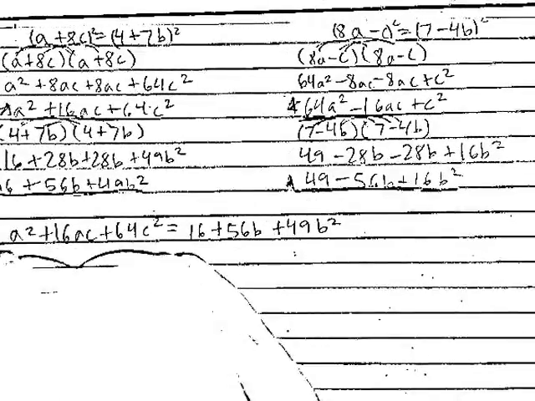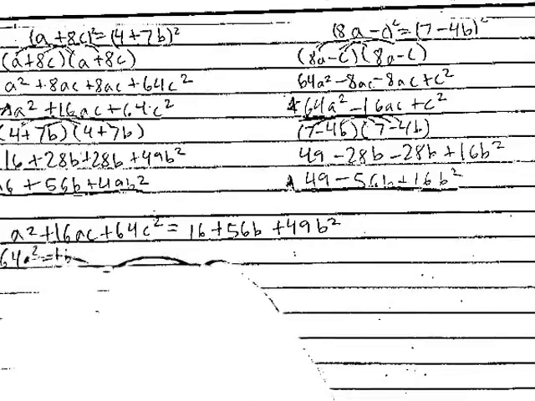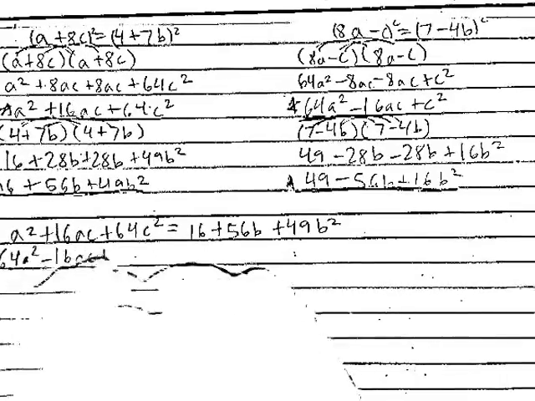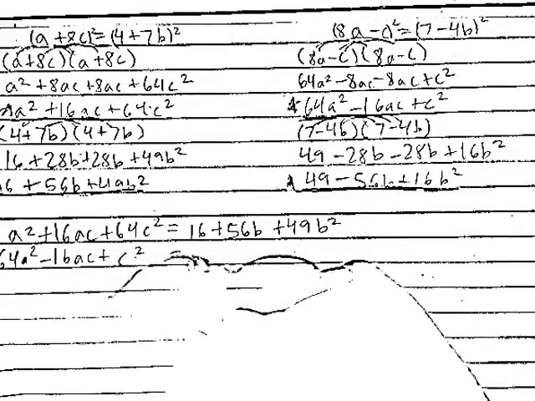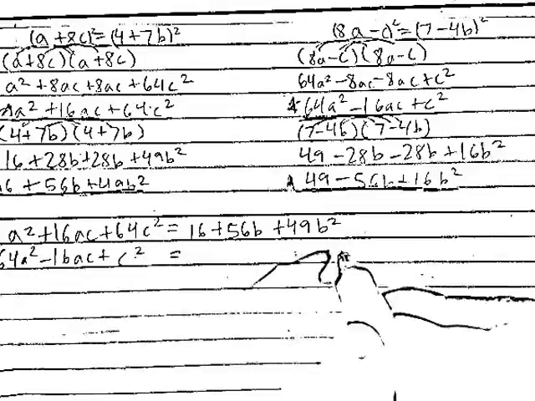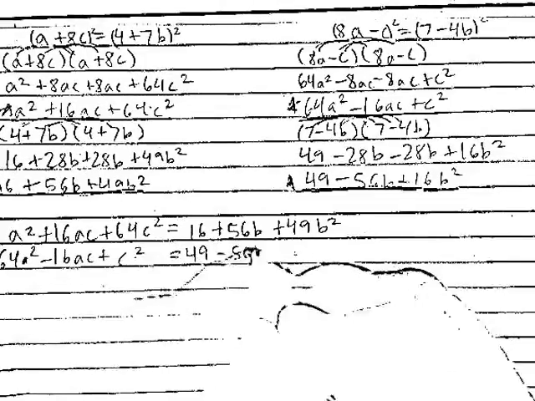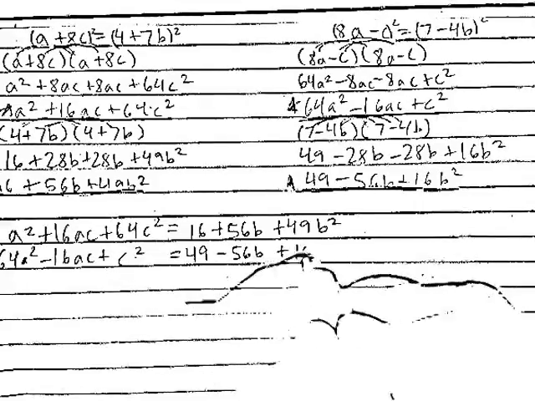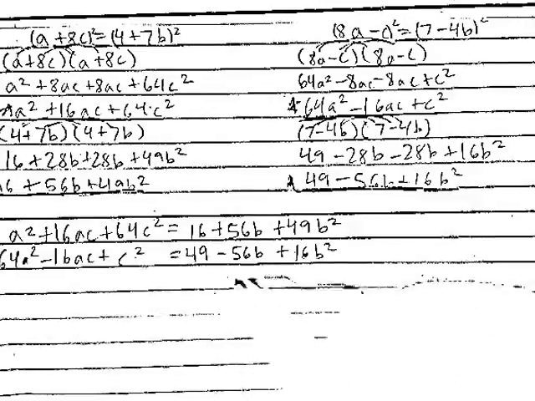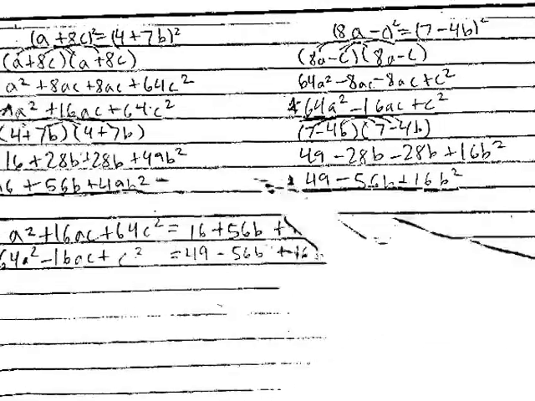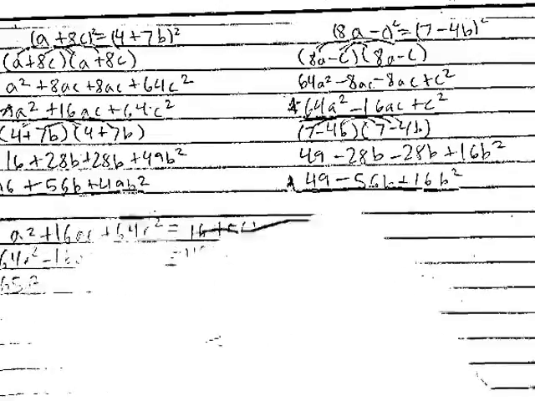So 64a squared minus 16ac plus c squared equals 49 minus 56b plus 16b squared. Okay, now we're going to add these two equations together, and now we'll get 65a squared.